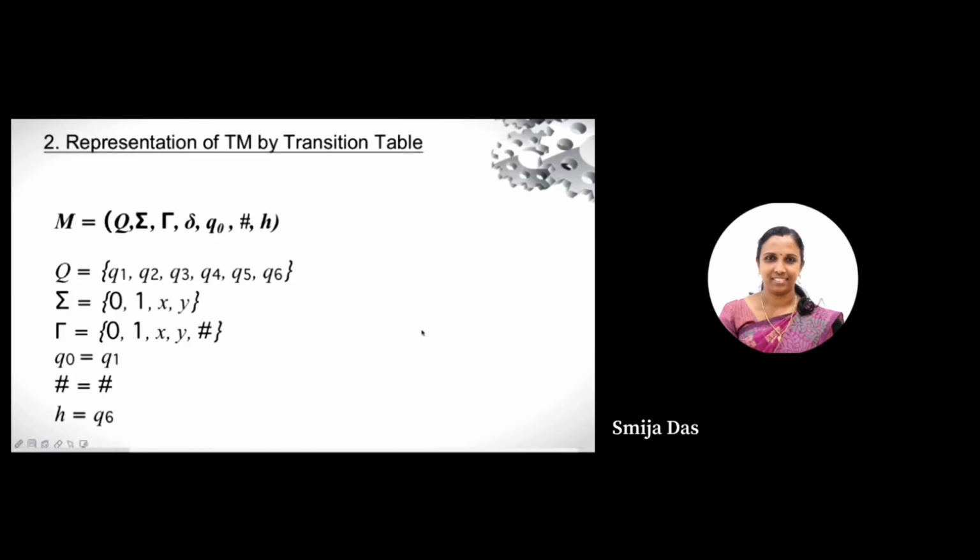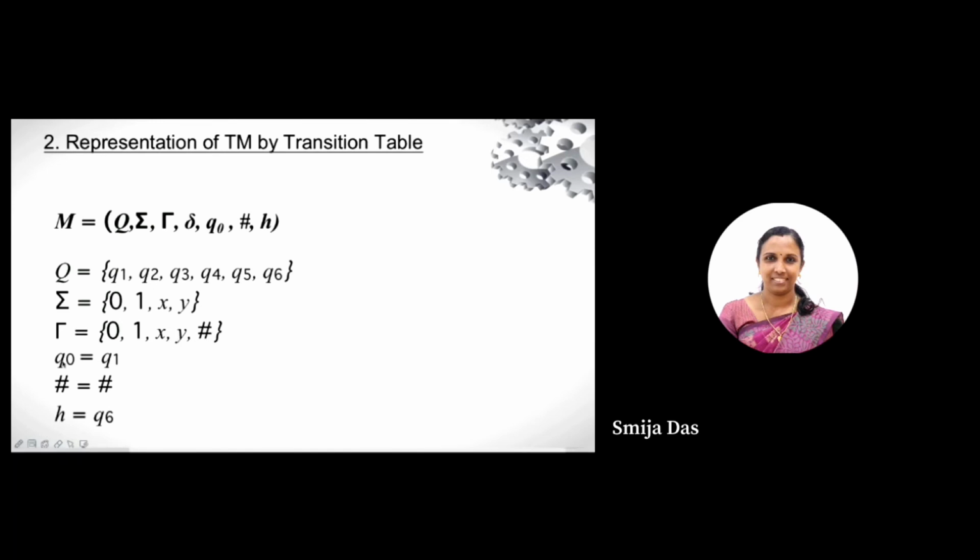Now we can see the representation of Turing machine by transition table. Here a Turing machine is given as an example. Here the states Q are represented from Q1 to Q6, sigma is 0, 1, X, Y, and tau is 0, 1, X, Y with the blank symbol hash.